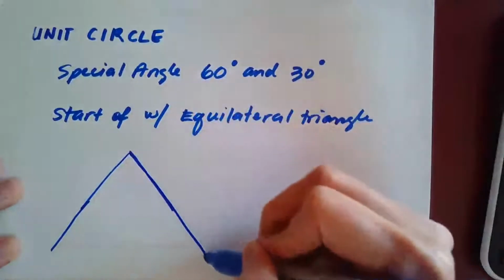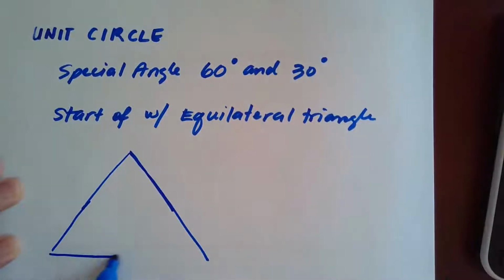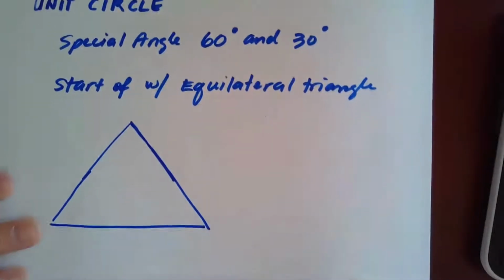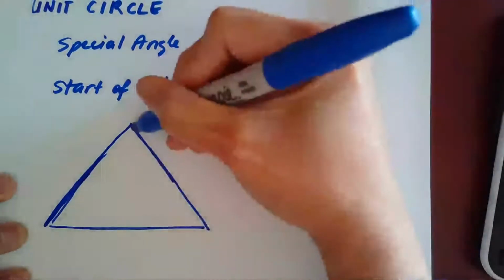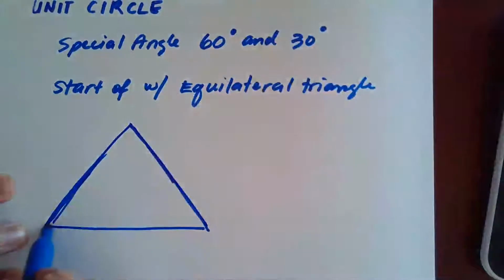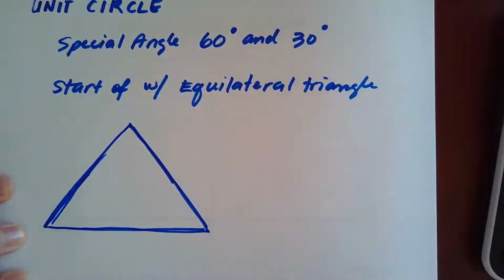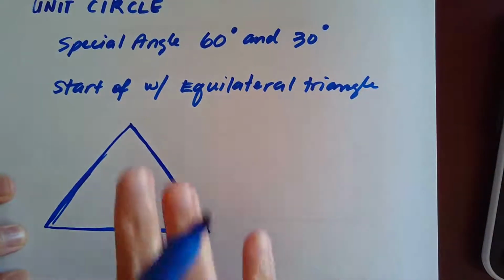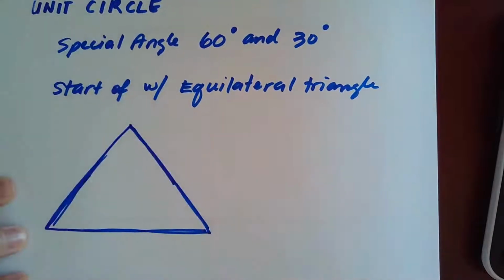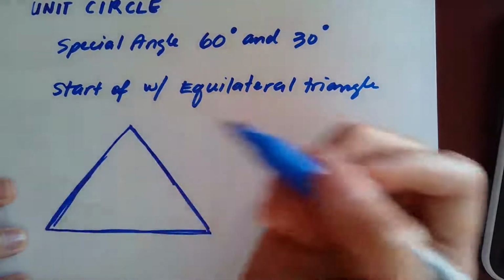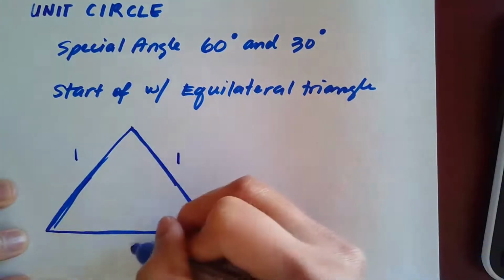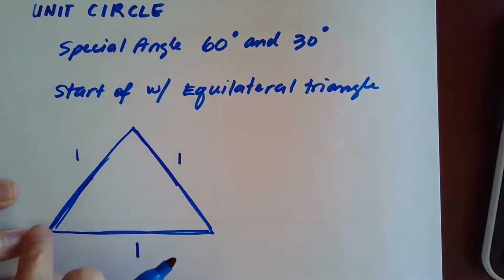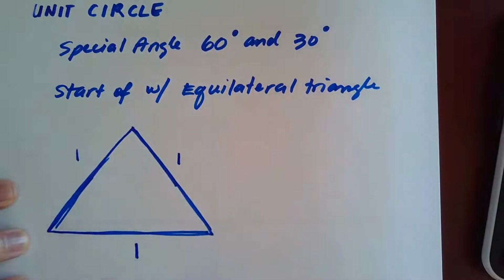Okay, so I'm going to create a triangle with three equal sides here. Try to make it bigger. Well, what's the length of each side? I'm going to stick to the unit circle. That means each side is going to be 1, 1, 1.